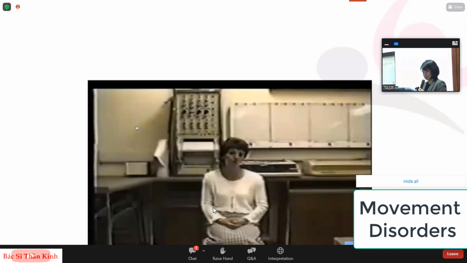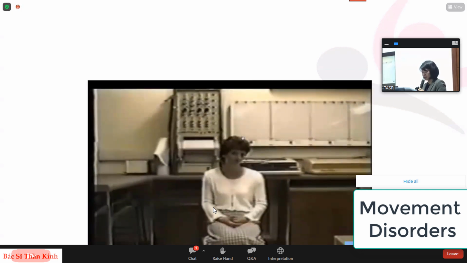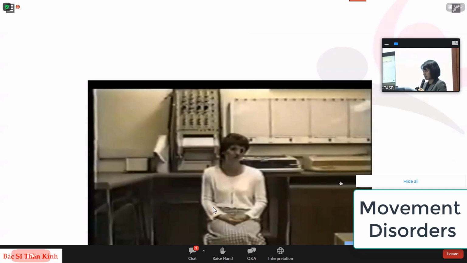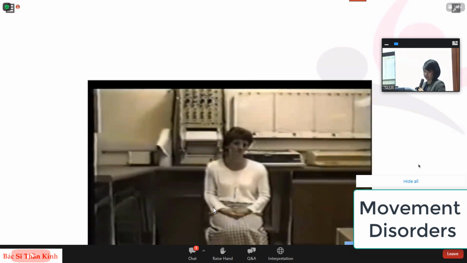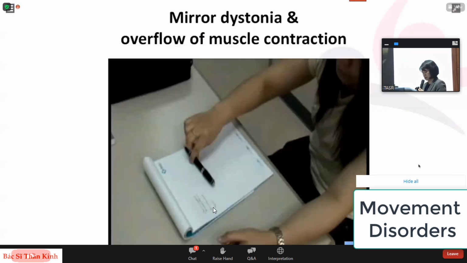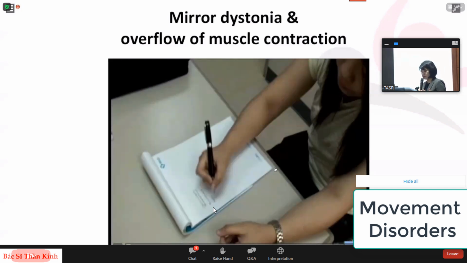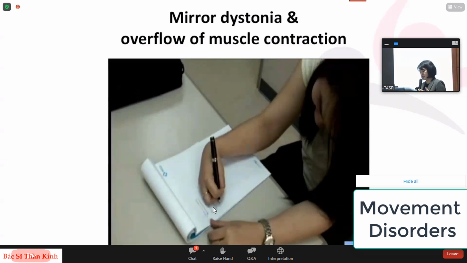And again, this is the dystonic tremor, where the tremor can occur together with the dystonia. And this one is the example of the writer's cramp patient, which is one of the task-specific dystonias.